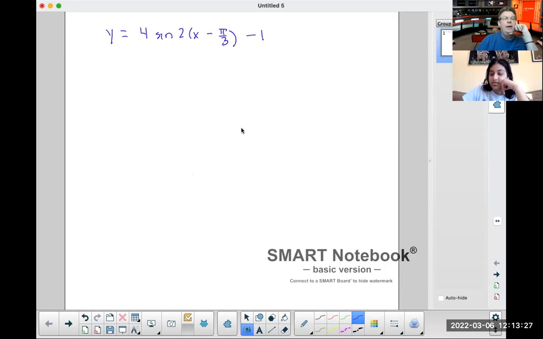So that's the whole shebang. Everything's in play, right? Okay, and we'll just go from 0 less than or equal to x less than or equal to 2 pi.